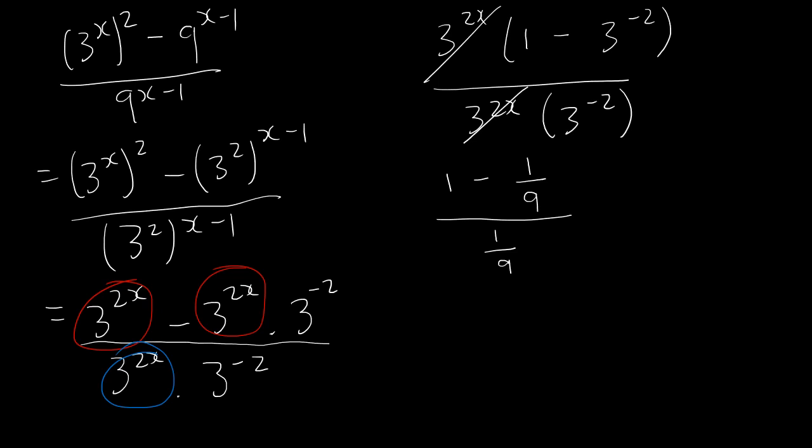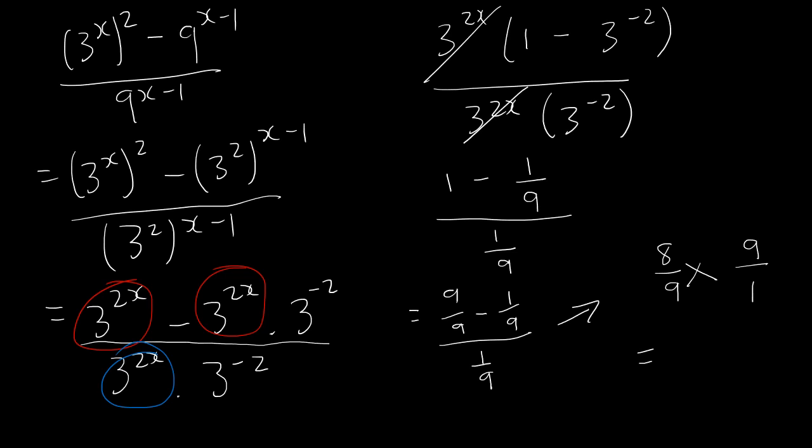So now it becomes a normal fraction sum, and we have 9 over 9 minus 1 over 9, all over 1 over 9. This would give us 8 over 9. Now remember, it's being divided. So what do I do? I multiply and invert it, so it becomes 9 over 1. Cancelling this here, the final answer would be 8.